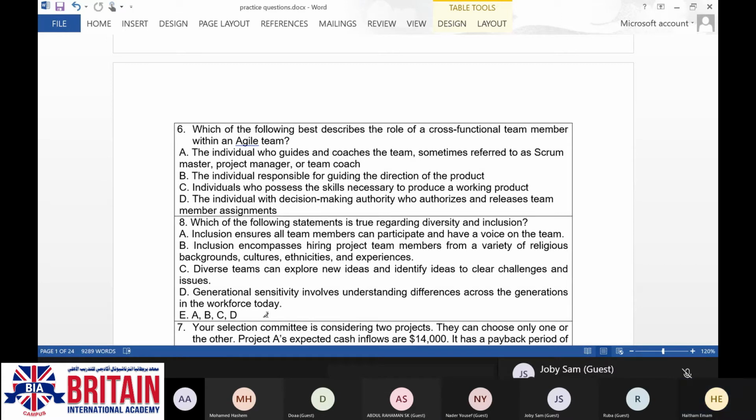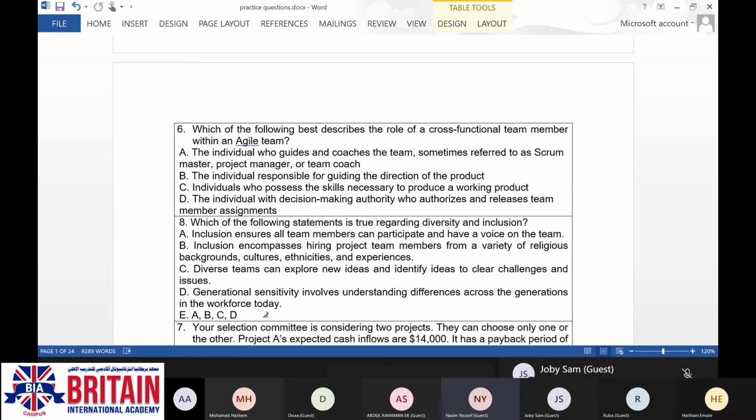Second, you need to read the question carefully because maybe one word is going to change the definition, is going to change the question. So you have to pay attention to each and every word mentioned in your question. You got the point?